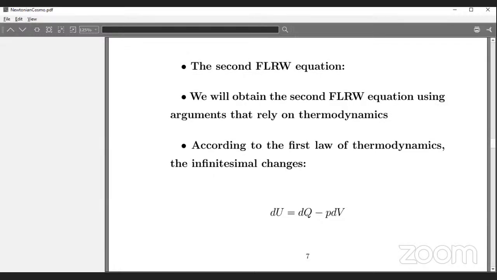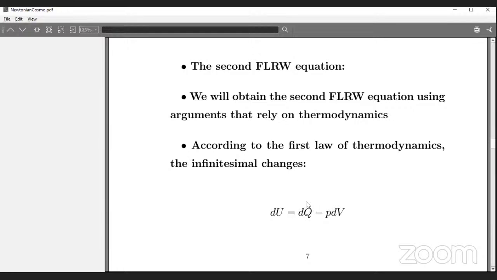So if you have a thermodynamic system for which the internal energy is capital U, the pressure is P, and the volume of the thermodynamic system is V, and if the system's heat content is capital Q, then the first law says if you make infinitesimal changes to the system, then the change in the internal energy is equal to the change in the heat content.